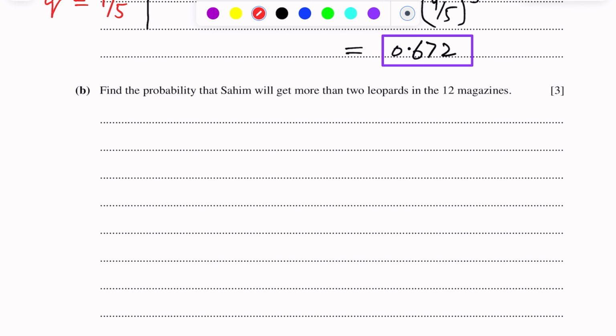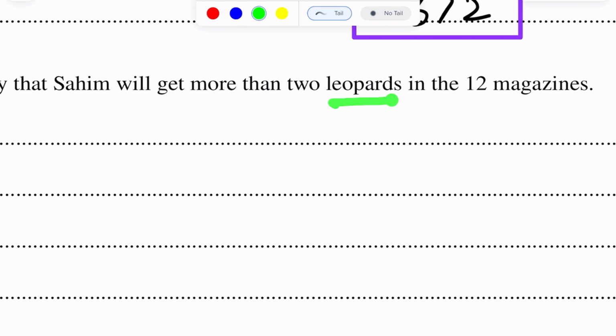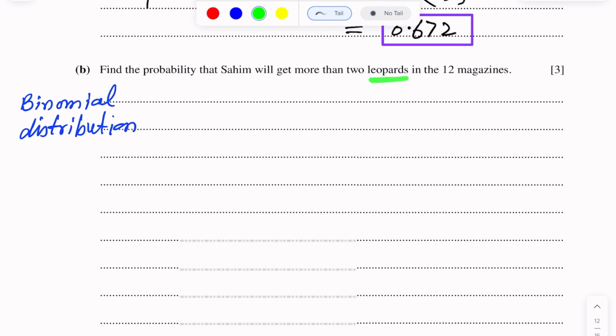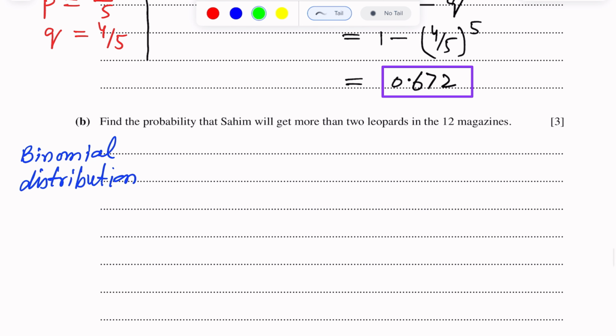So this question is of binomial distribution. The animal in this part of the question is leopard. Probability is same because all the animals have the same probability.